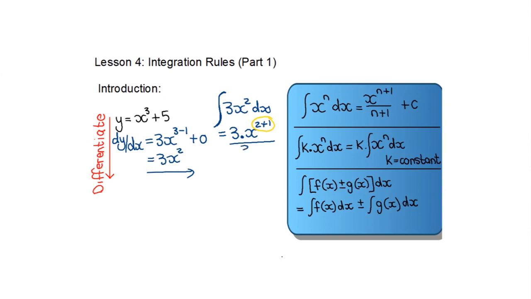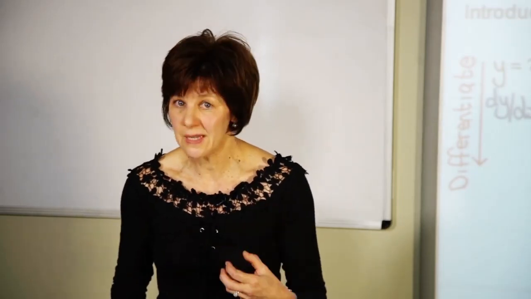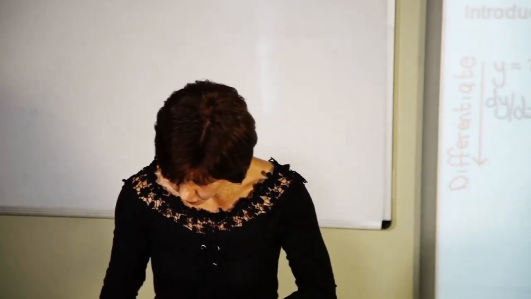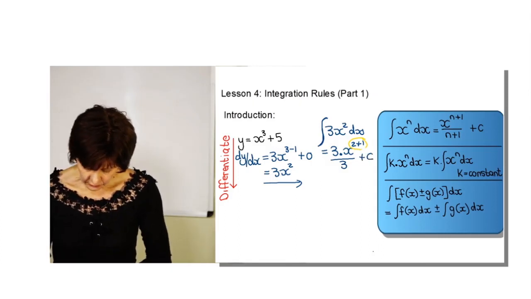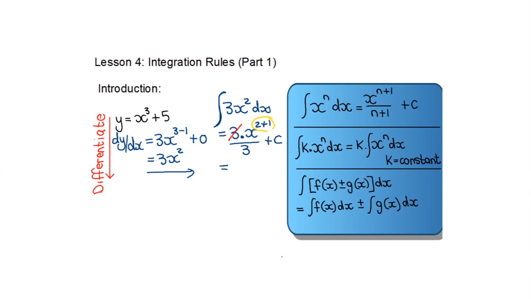And I'm going to say plus a possible constant, because remember, when I differentiated, the derivative of the constant was 0. So I could have actually started off with a possible constant. So this 3 will cancel with this 3, and if I simplify this, I'm going to end up having x cubed plus a constant.